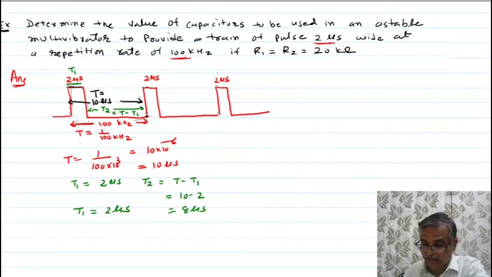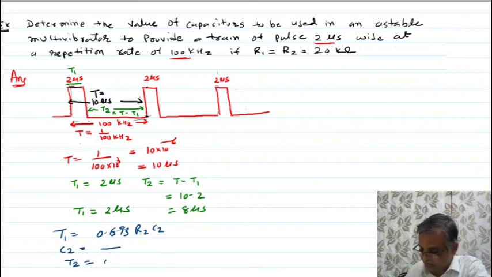So find the value of the capacitor. You already know T1 is 0.693 R2 C2. Find C2 yourself. T2 is 0.693 R1 C1. Find C1 yourself.